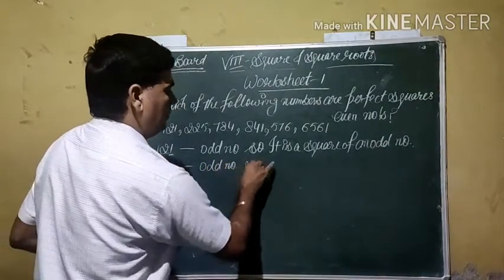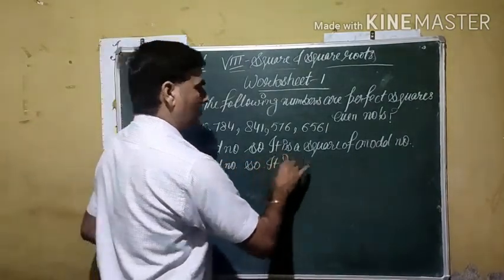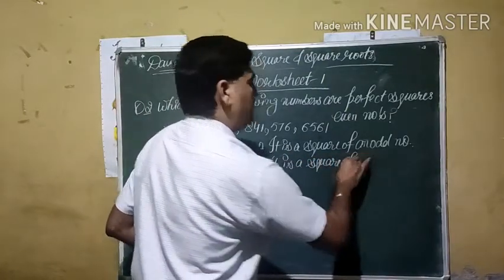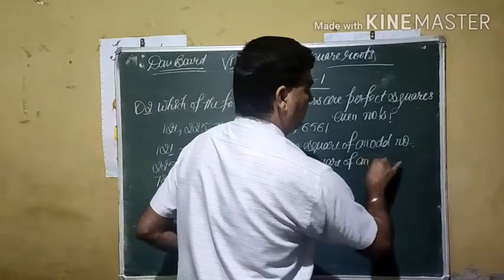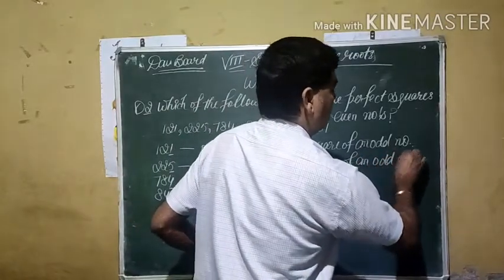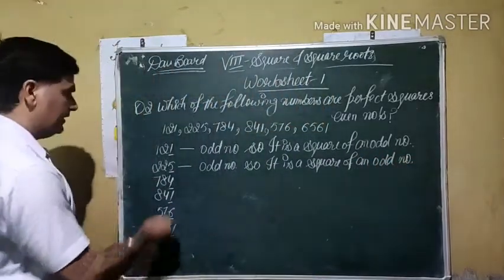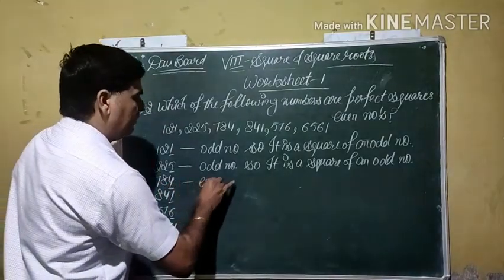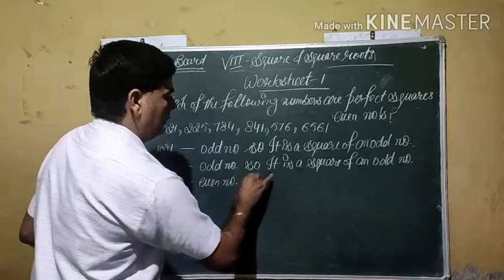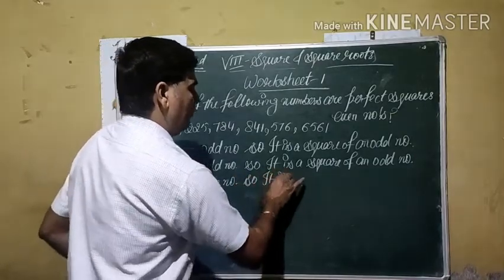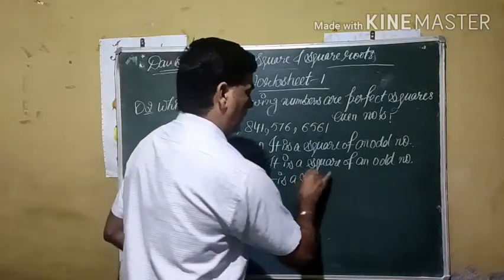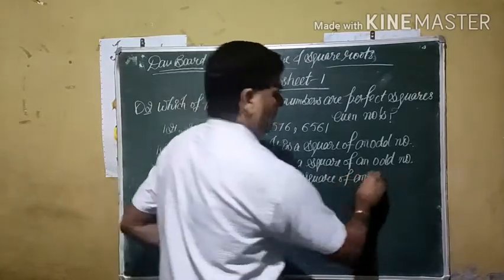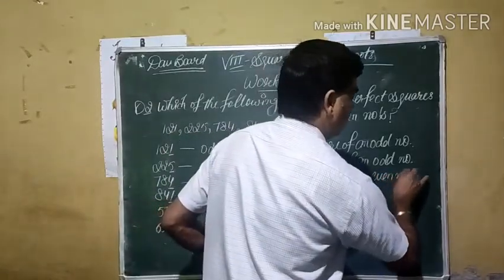If we see here, this number is an odd number, so it is a square of an odd number. Next, if you see, 4 is an even number, so it is a square of an even number.